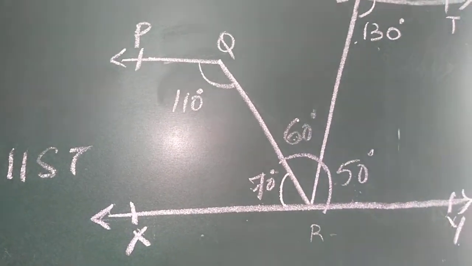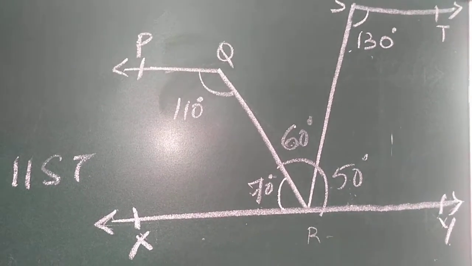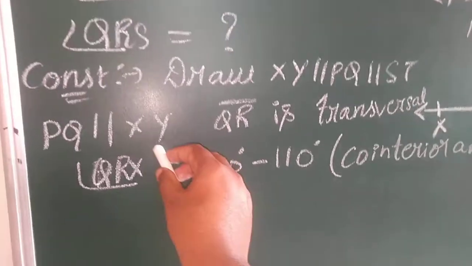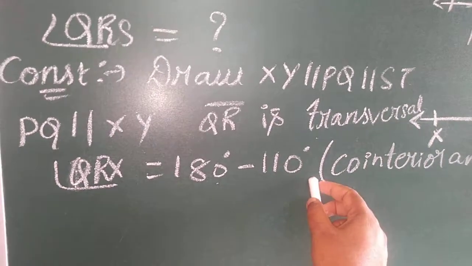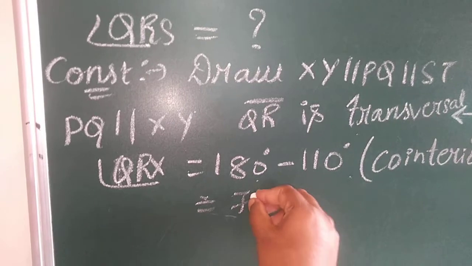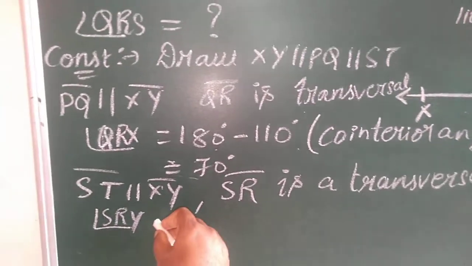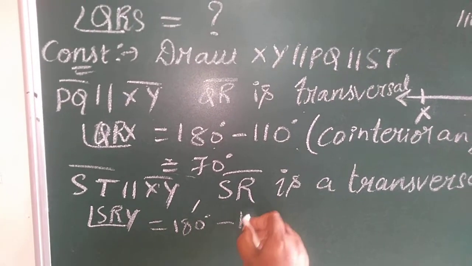Now what I have explained here with the figure, I will write in the sum. So the same I am writing here, children. PQ parallel to XY and QR is a transversal. QRX is 180 degrees minus 110 degrees. So I got here 70 degrees. Now coming to the second part. Angle SRY is equal to 180 degrees minus 130 degrees.